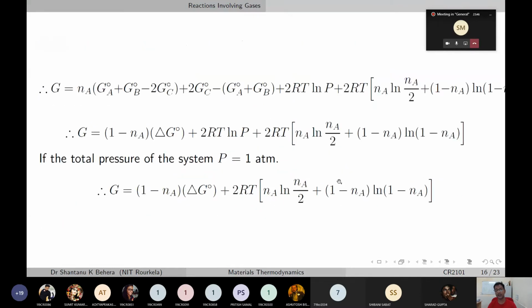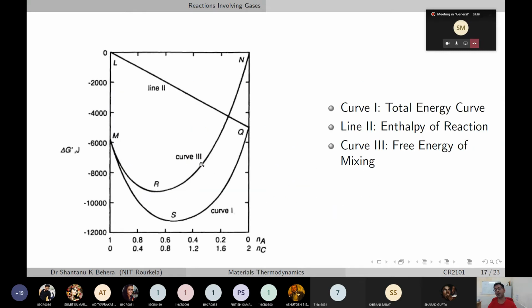So this part talks about that randomization, that statistical distribution of the A, B and C gas molecules throughout a space, and how best you can disperse energy from that distribution. That is something which is increasing entropy. So here is a combination of the enthalpic part or Gibbs energy part, and this is a combination of the entropy part, which is what is given here.